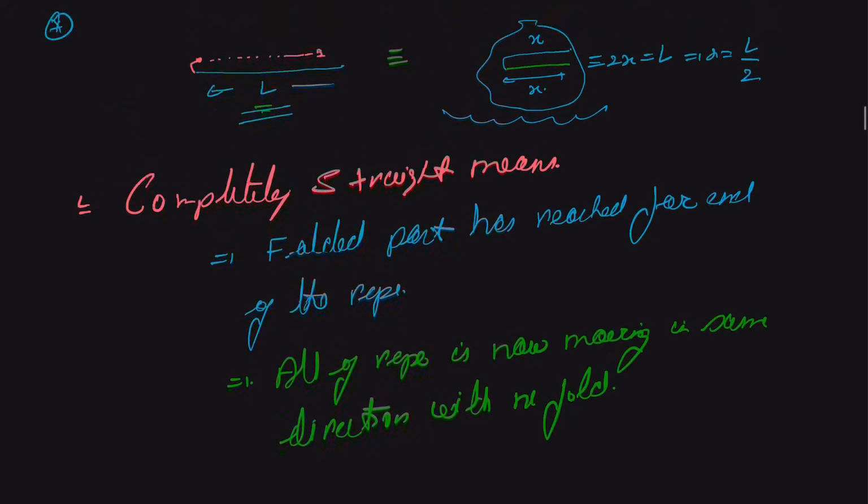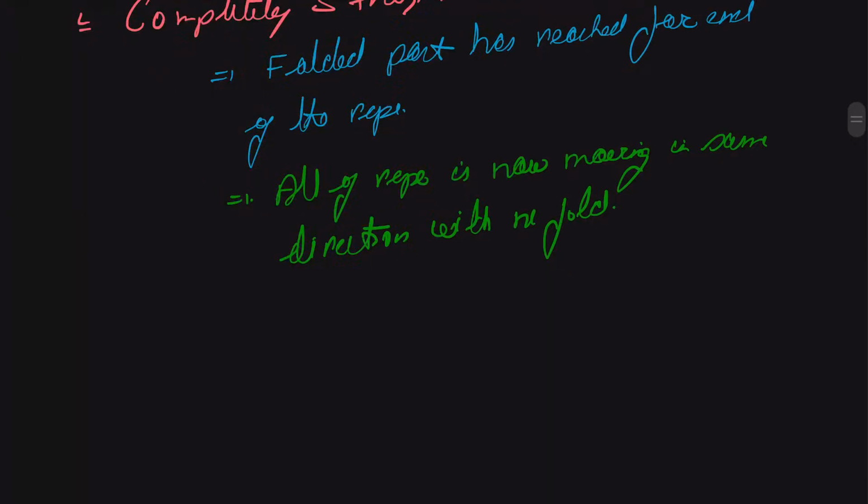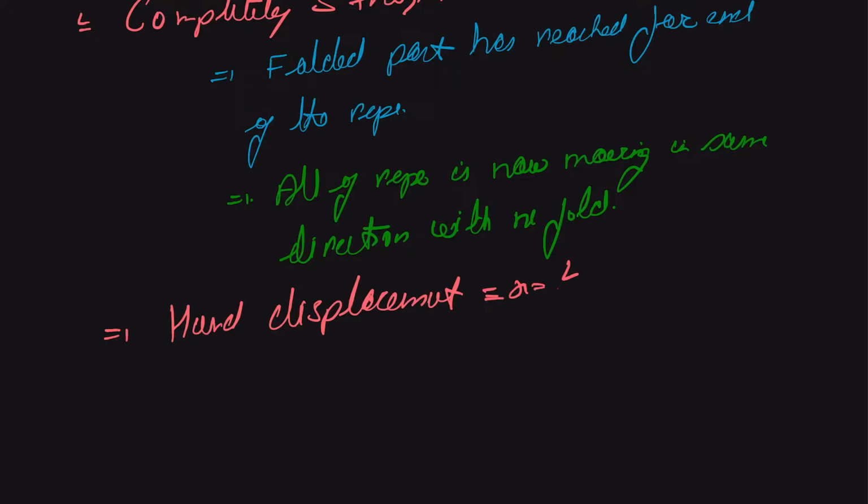Based on this, we found out that x is nothing but the displacement of the hand. Therefore, we can say that hand displacement, which is our x, is equal to our L by 2.